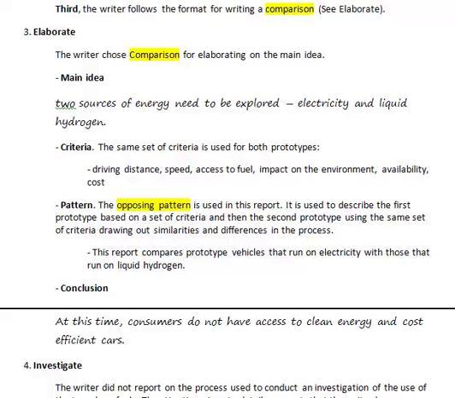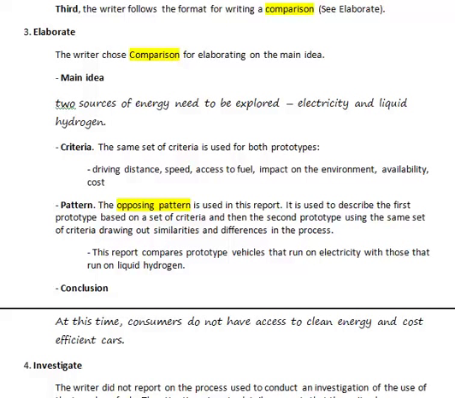The main idea: 2 sources of energy need to be explored: electricity and liquid hydrogen. Criteria: the same set of criteria is used for both prototypes: driving distance, speed, access to fuel, impact on the environment, availability, cost. Pattern. The opposing pattern is used in this report.